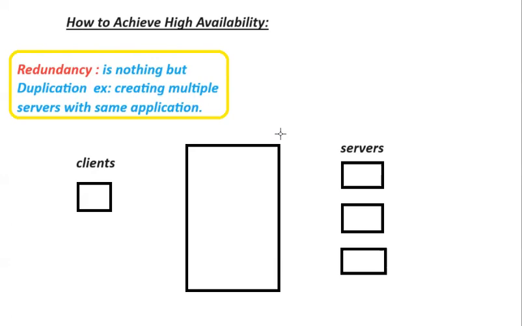In AWS, we call this common distributor a load balancer. What do we call this common distributor, sir? Load balancer.